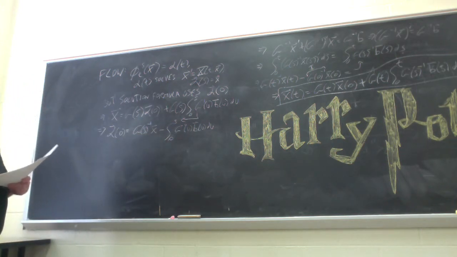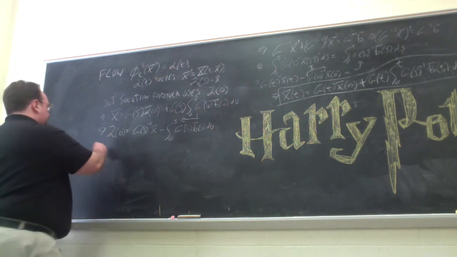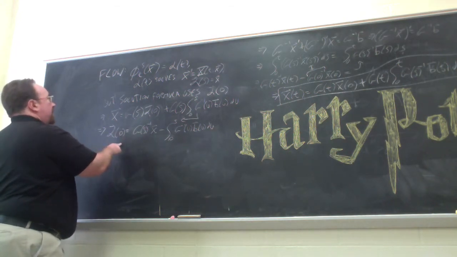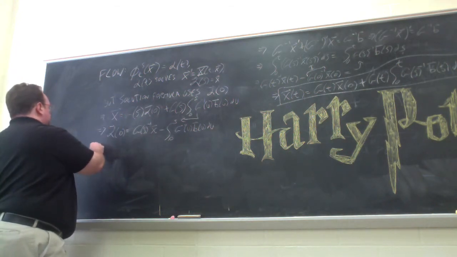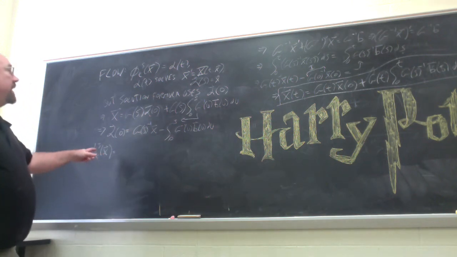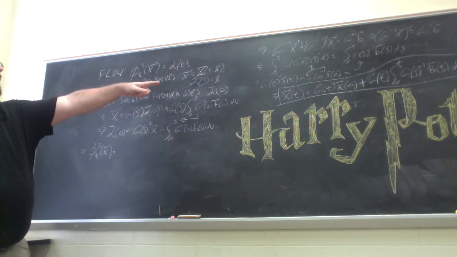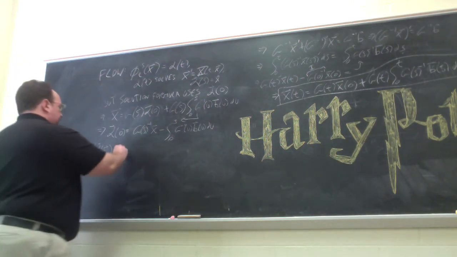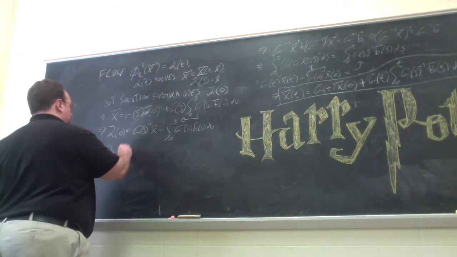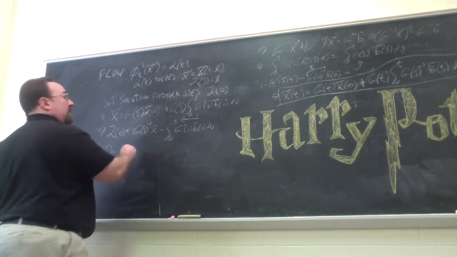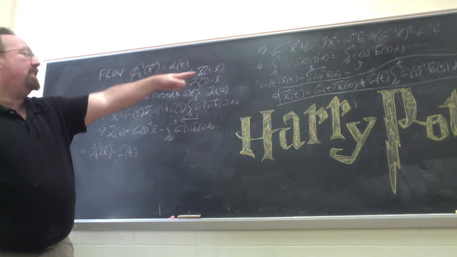So now, if I want to solve for the flow, I can plug in alpha of t. I have this solution formula, g of t times this x of 0.